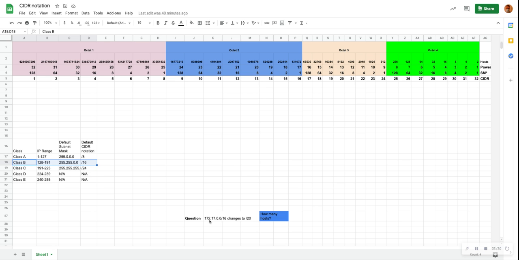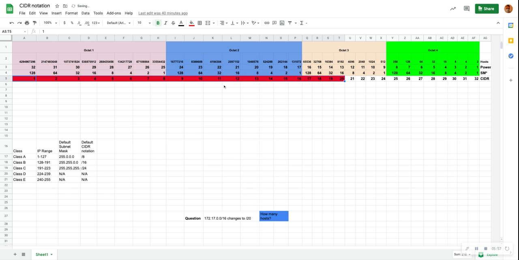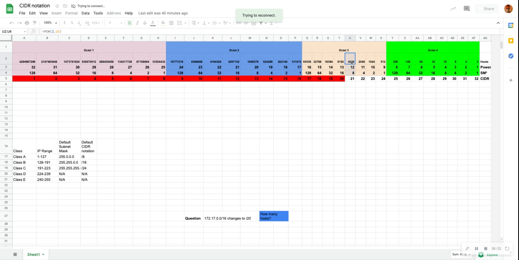So the question says, if you're going to change the CIDR notation to /20, now there are other videos explaining the subnetting theory alongside this, but just as an introductory question, we are essentially being asked how many hosts are available. So if I colour all the 20 bits red, then I'm only using this section here for the hosts.